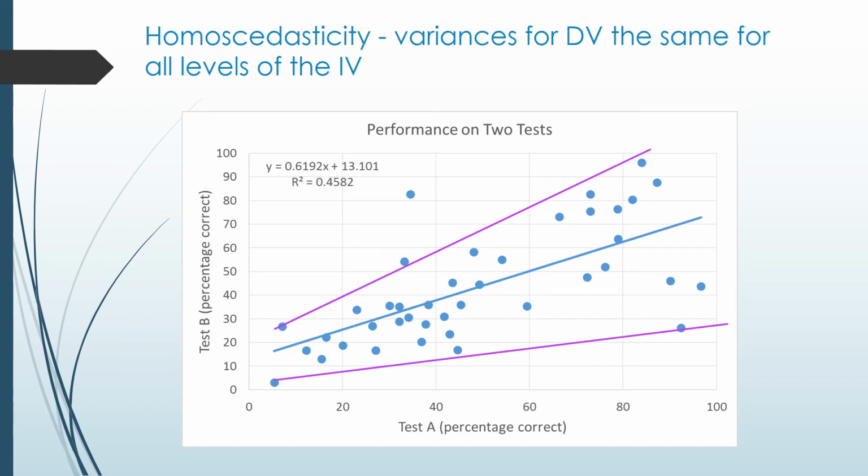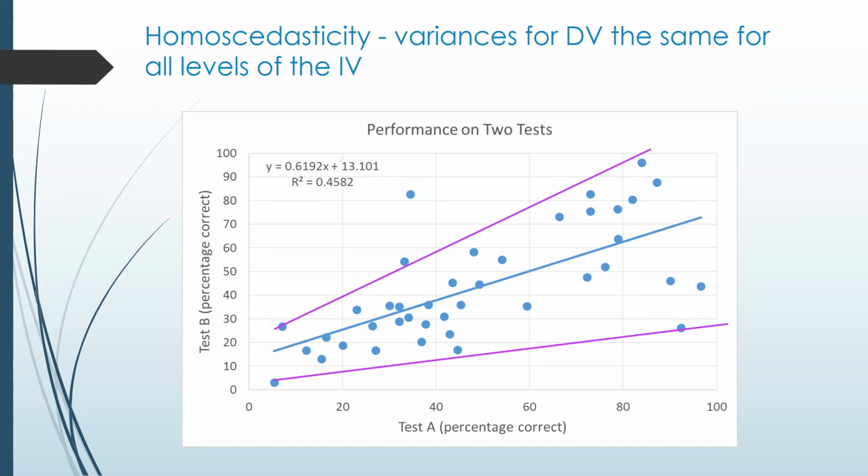One of the easiest ways to know if your data may be in violation of this assumption of homoscedasticity is to look at the overall shape of that spread of data from left to right. In this case you can see there's definitely a funnel shape to it, or some sort of cone that makes up the shape of the spread of data.